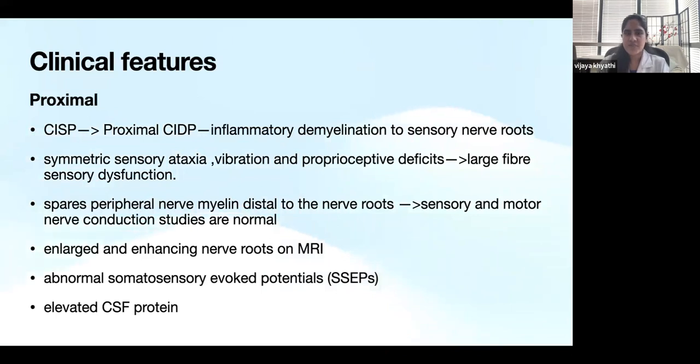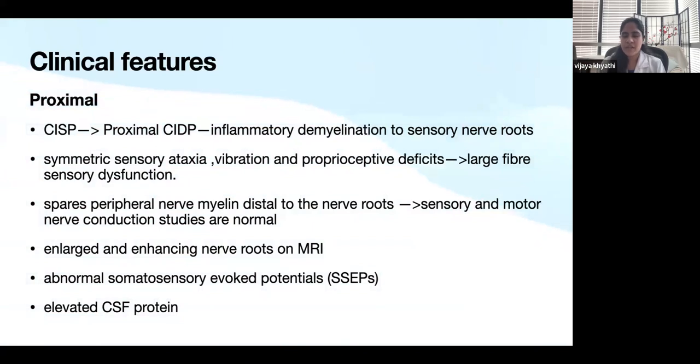It is characterized by symmetric sensory ataxia and vibration and proprioceptive deficits, and this variant spares the peripheral myelinated nerves distal to the nerve roots, so sensory and motor nerve conduction studies are normal.